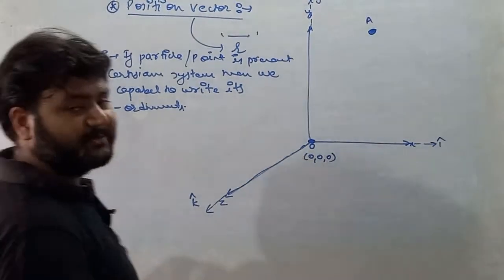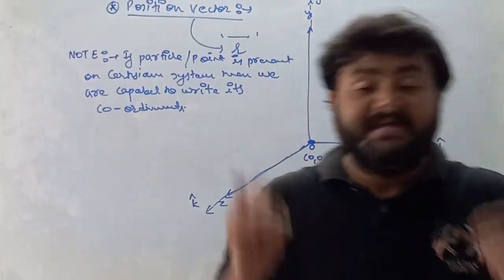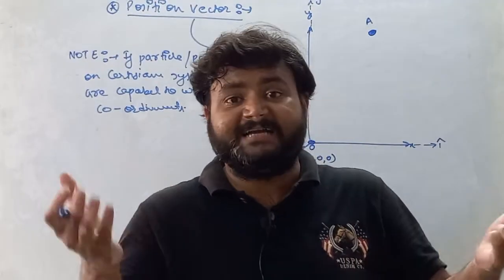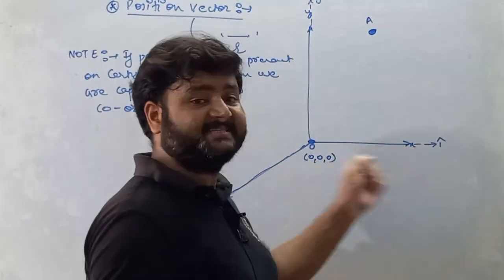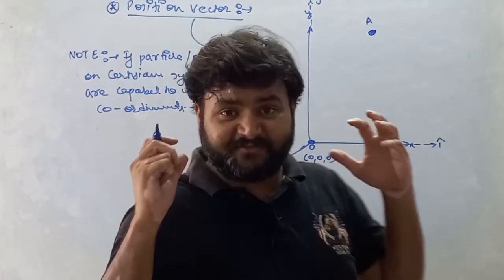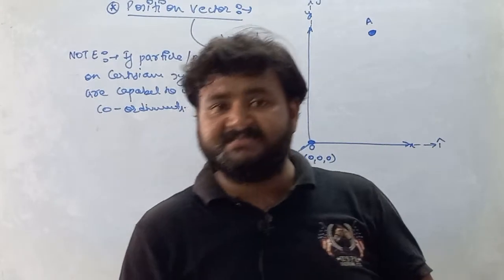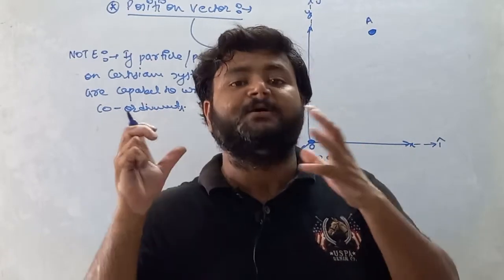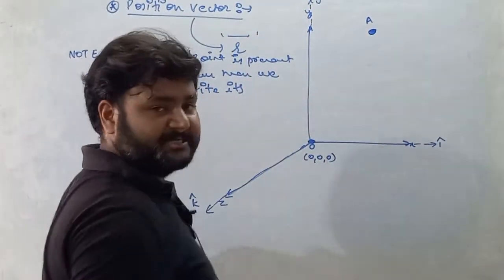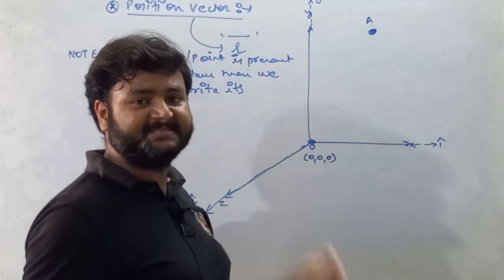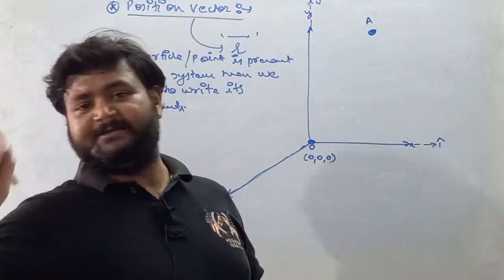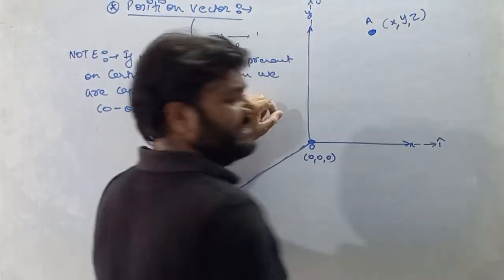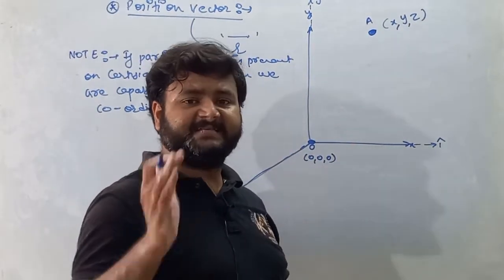What does Cartesian system mean? It means the x-axis, y-axis and z-axis. So for the point placed in this Cartesian system, let's suppose the coordinates of the particle are x comma y comma z.